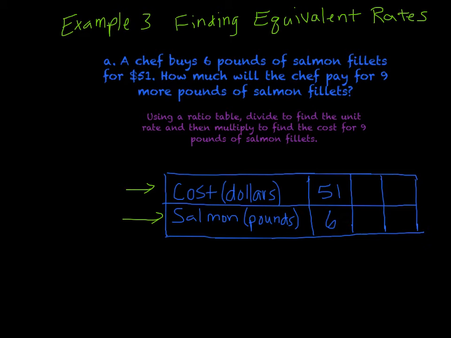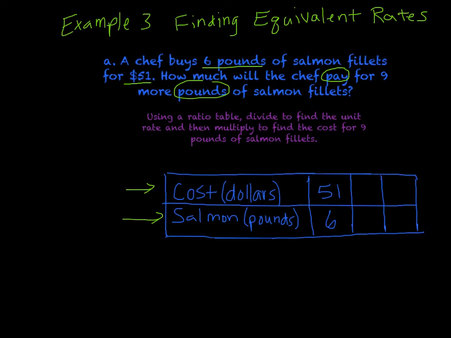When you look back up at your story problem, it says you have 6 pounds of salmon fillets for $51. How much will the chef pay? That's a key word, pay, for 9 more pounds of salmon fillets. So we're talking about pounds. Those are where I get my two units for my ratio table.